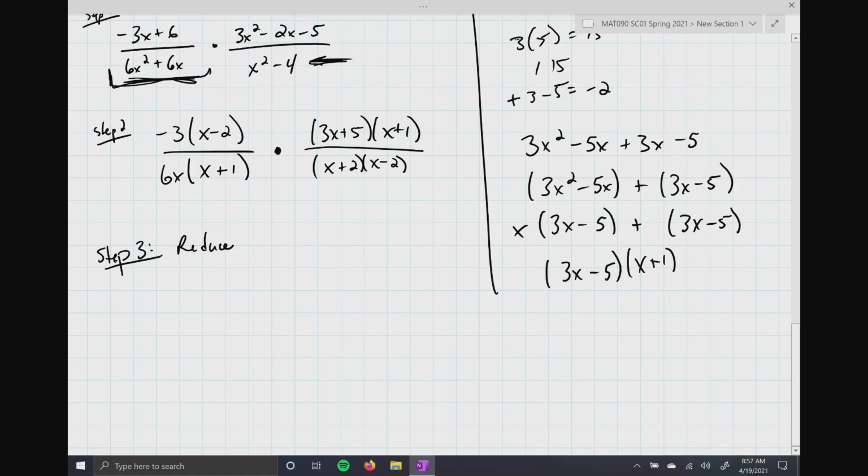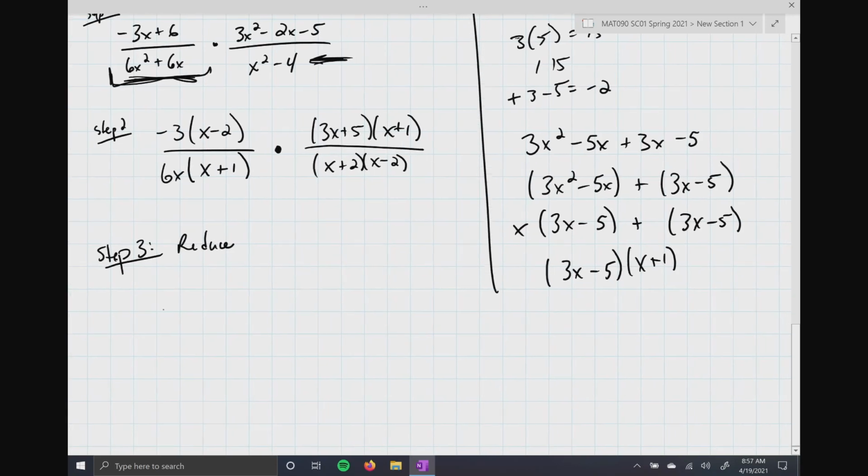Now, here's the beautiful part about this. When you do these problems, you will definitely be able to simplify some things. Okay? So make sure you're aware of that. Now, here's what I'm going to do. Watch. Somebody tell me what I did. I'm just going to write it. Somebody tell me what I did here.